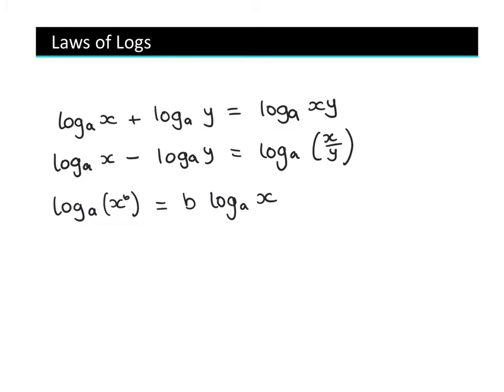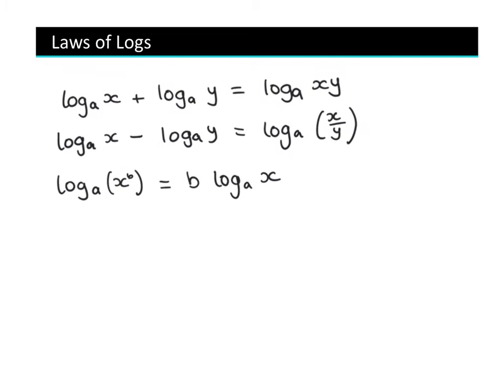Now, sometimes when I introduce these log laws to students, they forget that if I had log to the base a of xy, I can rewrite that as this. For example, log to the base a of 30. 30 is the same as 5 multiplied by 6, right?